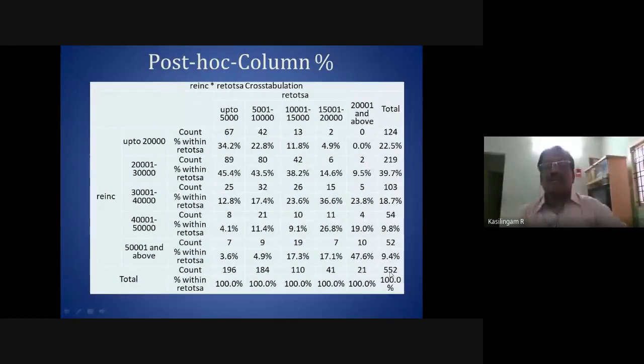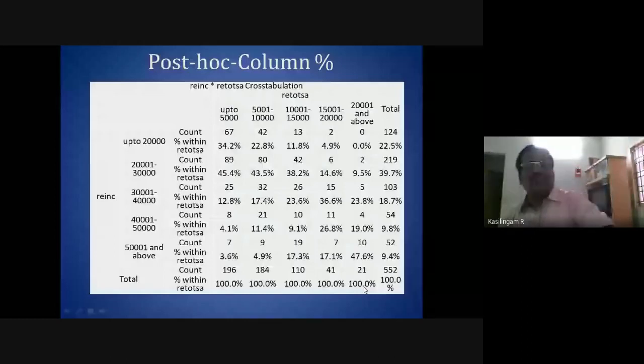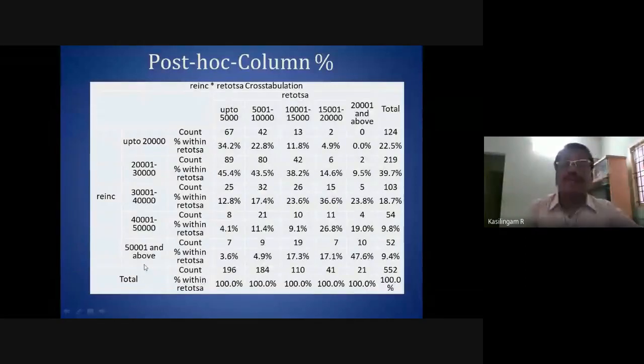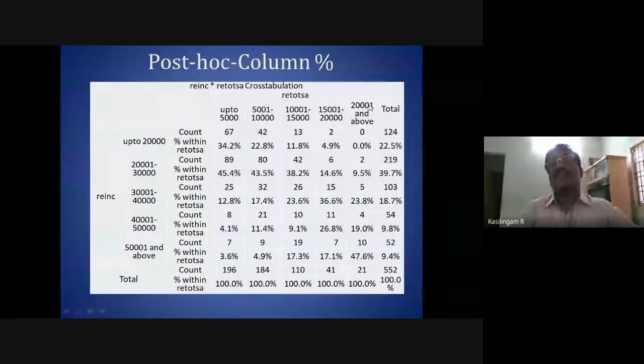But in this saving category, out of 21 people, 10 people are there, which means 47% of this income category people are in this saving category, which means about 50% of the people are in the same category. So we can say above 50,000 income category people are associated with the more than 20,000 saving category, right?